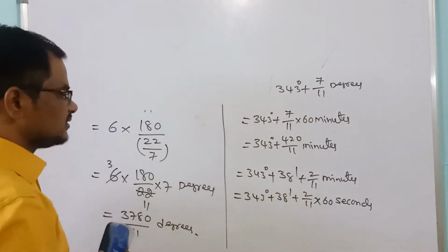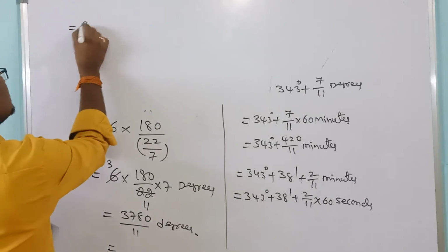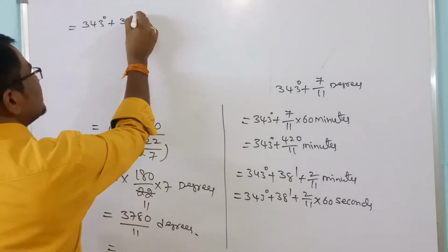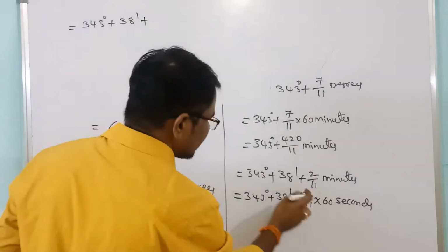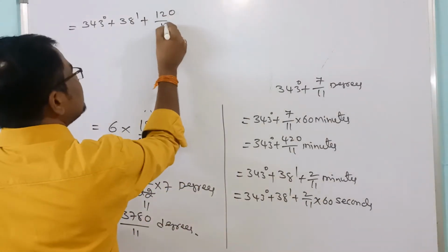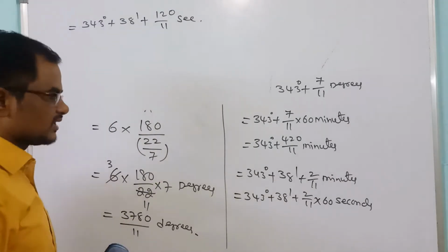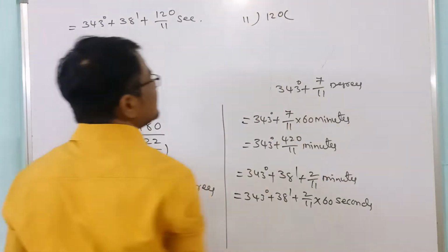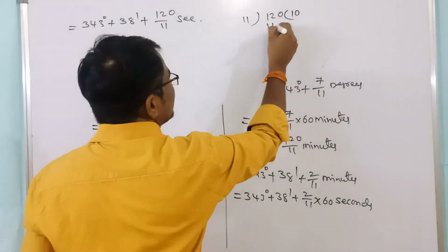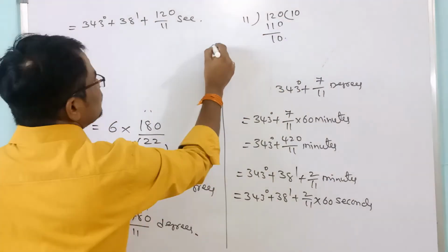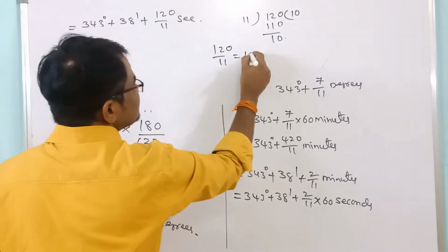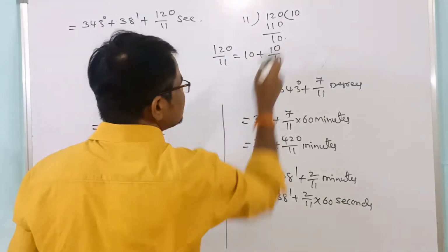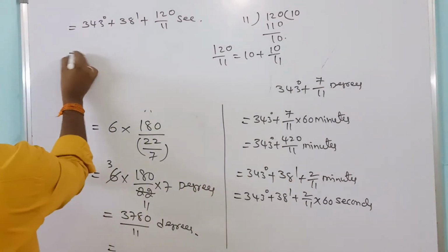Now that is equal to 343 degrees plus 38 minutes plus, if you multiply 120 by 11, seconds, right? Now again divide this 120 by 11: this is 10 times, 110, that is 10. So 120 by 11 can be written as 10 plus 10 by 11, 110 plus 10, 120 by 11.